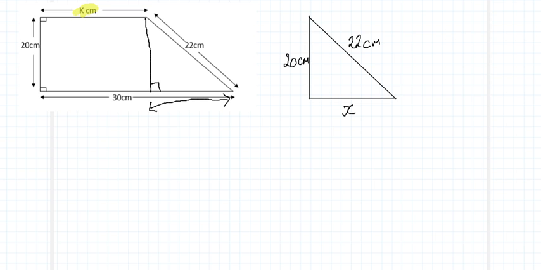So we're going to set out our equation so that x squared is equal to the length of the hypotenuse, which in this case is 22 centimeters squared, and then we're going to subtract the length of the short side, which in this case is 20 centimeters squared, and we end up with the start of our equation, which looks like this.